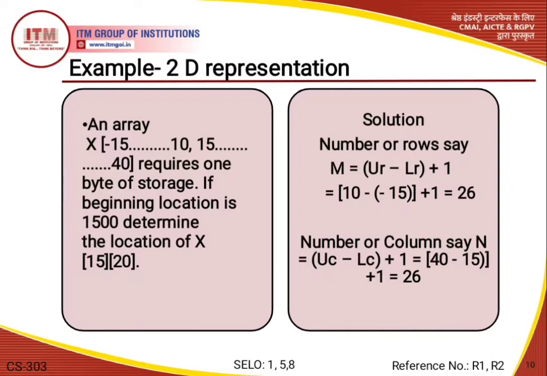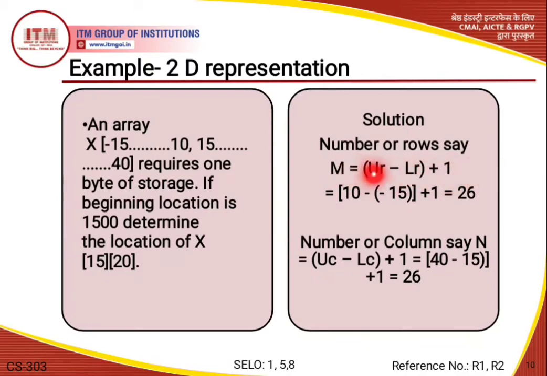When we solve this problem, you can see in this question that no row and column number is given. So first of all we calculate the number of rows and number of columns. When we calculate the number of rows m, it is calculated using the formula ur minus lr plus 1.